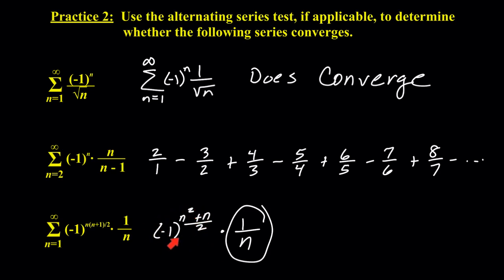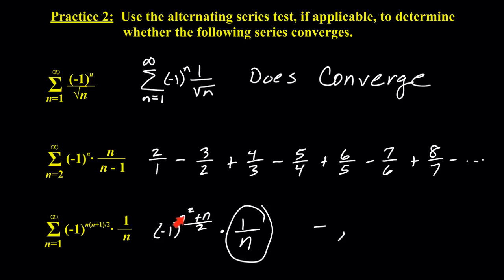If you start out with n is 1, you're going to get 2 over 2, which is 1. -1 to the first power is negative, so your first term would be negative. Now we move to n is 2.